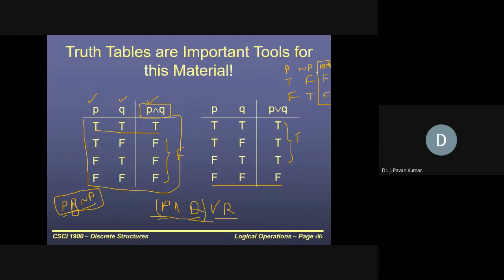Such a compound statement we consider as, any answers? You consider it as a contradiction. Whenever we have truth table entries in one particular column entirely false, then we can consider that compound statement as a contradiction.